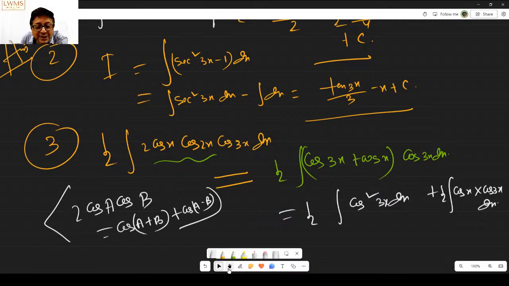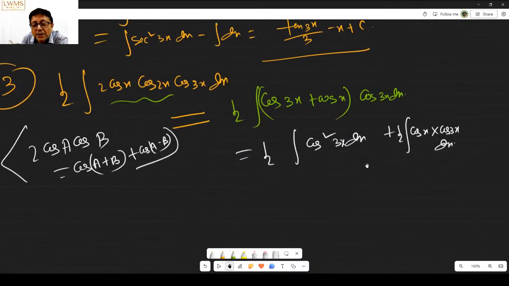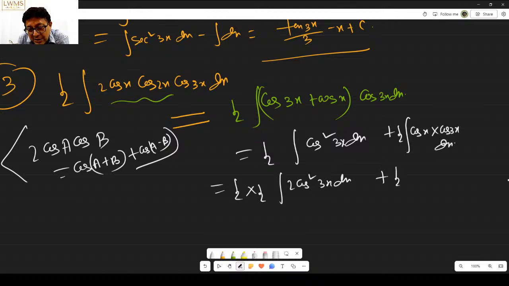But there is no formula invented for cos square 3x. So what you have to do there? You convert this also to be multiplied to cos x cos 3x dx. So this is 1/4. 2 cos square 3x is what?